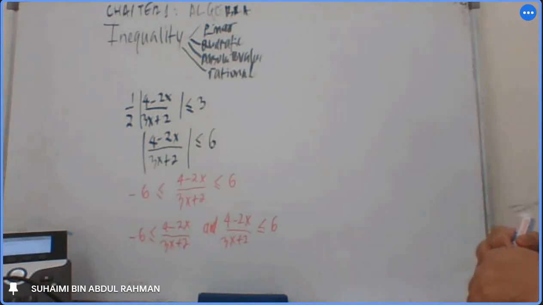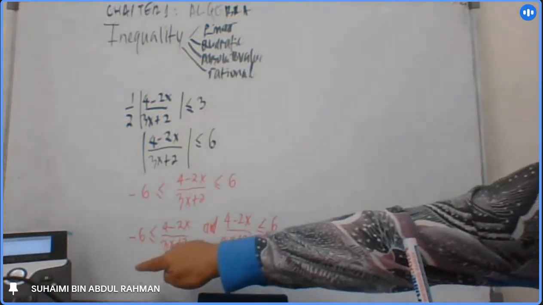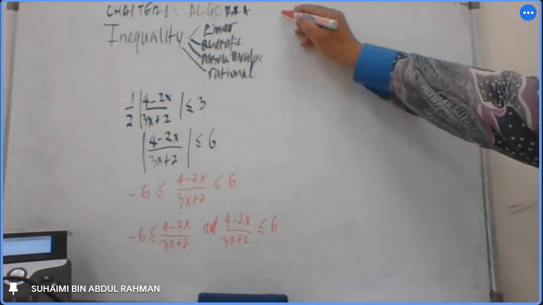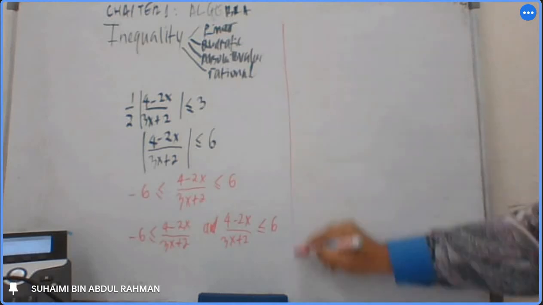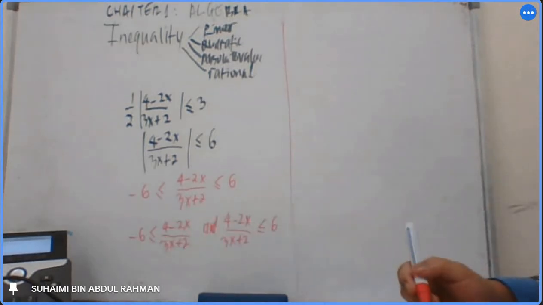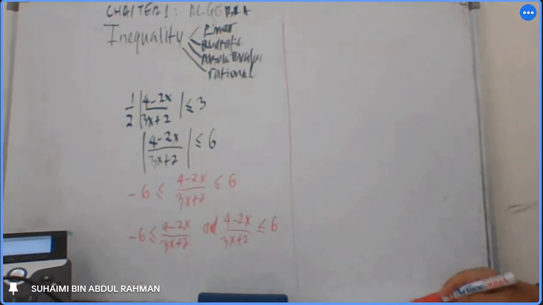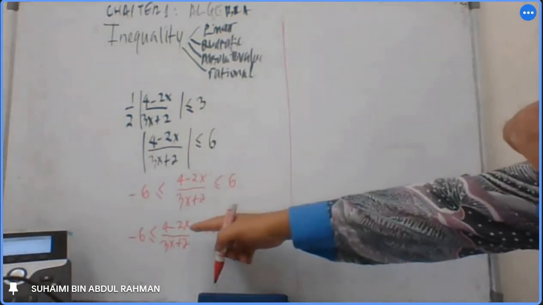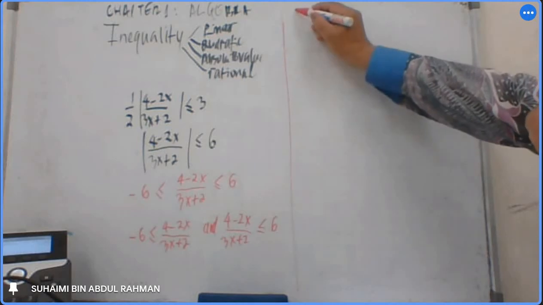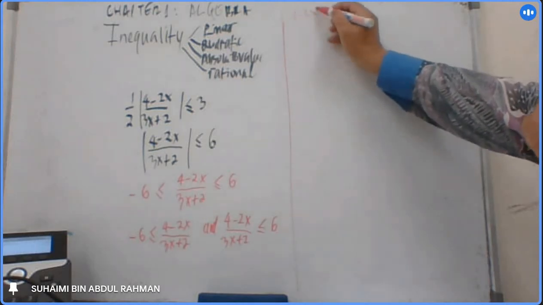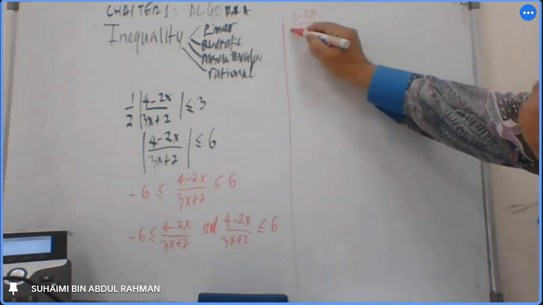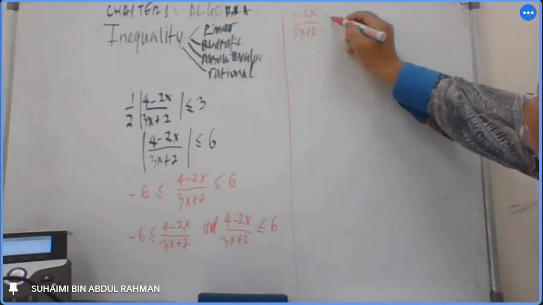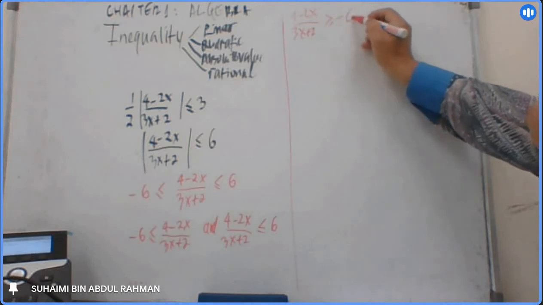Left. Now we talk about the left. We have this, which can be rewritten as (4 minus 2x) over (3x plus 2) greater than or equal to minus 6.